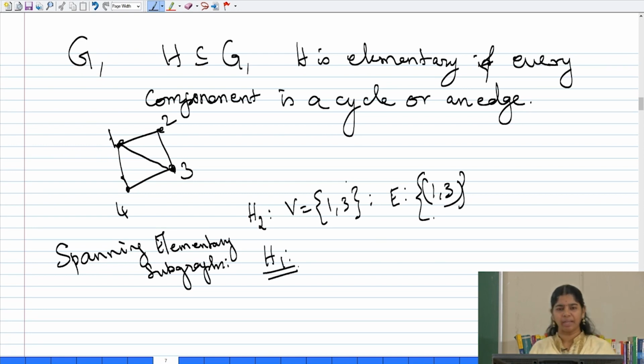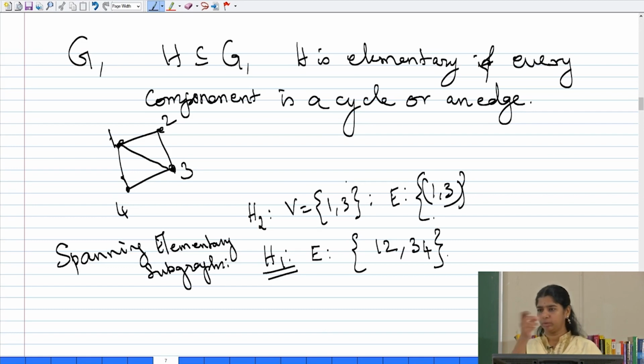Since we said spanning, all the vertices are going to be there, so I will just give the edge set. My edge set 1 could be the pair 1 2 as an edge, and the second component could be 3 4, because 1 2 is gone, so 3 4 is the only leftover possibility. This is one possible spanning elementary subgraph.